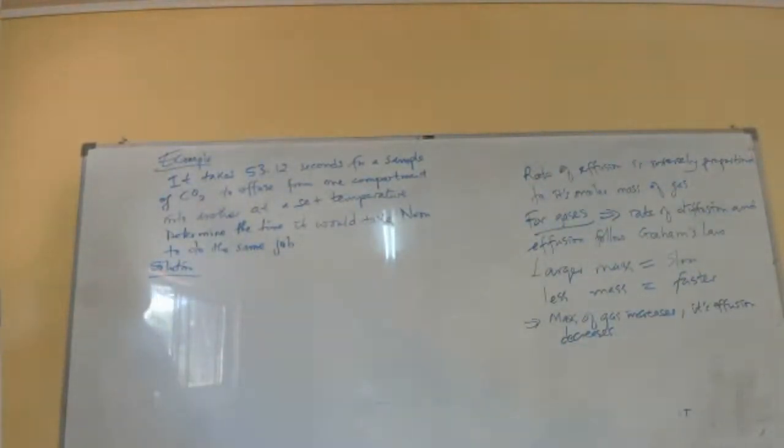Now this is a different type of question. You will note here that what we have been using so far is the rate. So the rate is the amount consumed per second or per minute. In this case, we are just given time. Now, one key thing that we have to note here is that heavy gas molecules move slower.